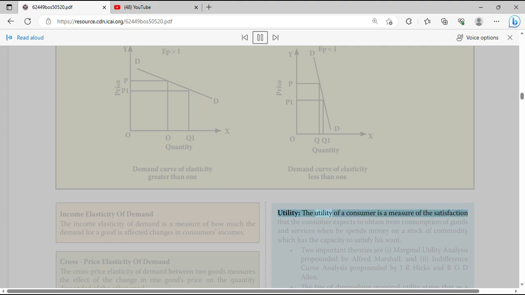Utility. The utility of a consumer is a measure of the satisfaction that the consumer expects to obtain from consumption of goods and services when he spends money on a stock of commodity which has the capacity to satisfy his want.